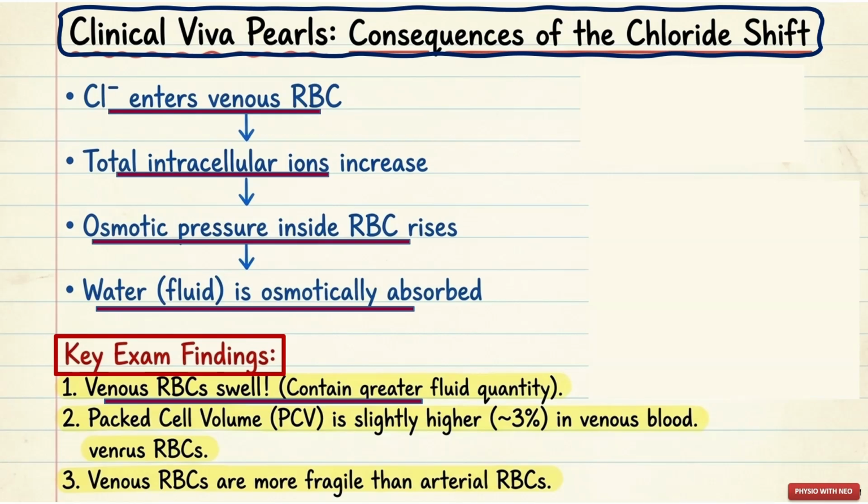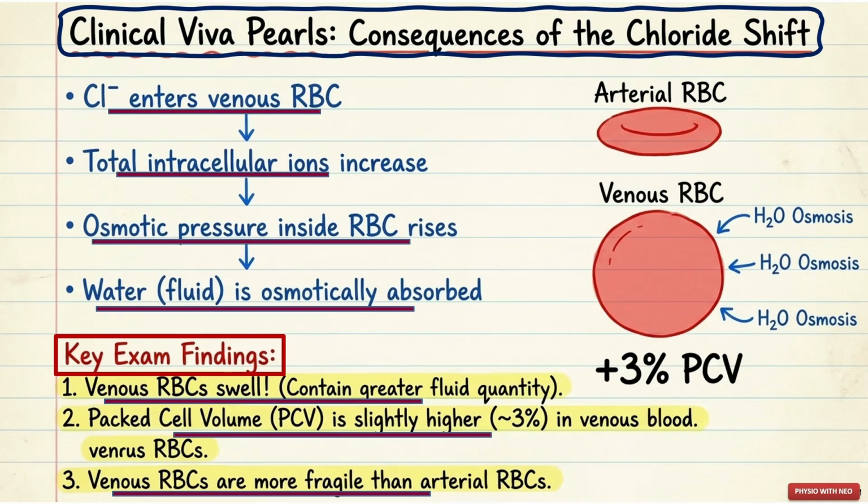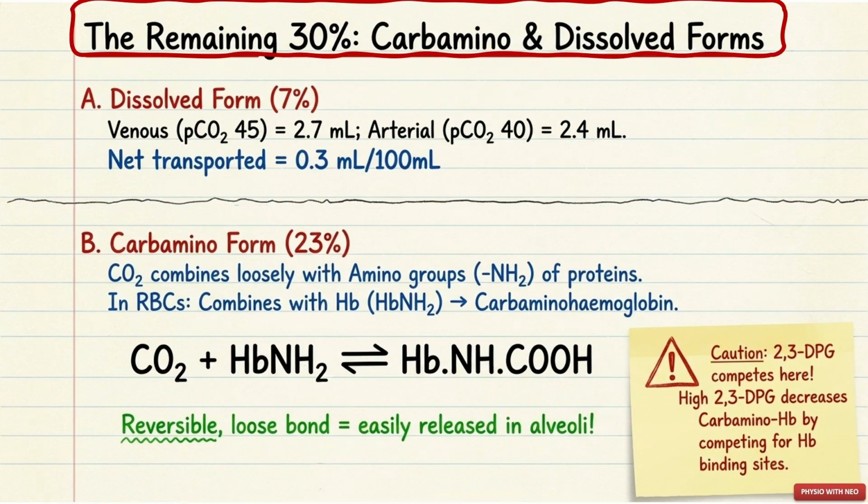The packed cell volume is slightly higher in venous blood than in arterial blood, and the venous RBCs become more fragile than the arterial RBCs. These are classic viva questions that students often miss. Remember, when arterial RBCs become venous RBCs, because of water osmosis there is an increase in packed cell volume by 3%.